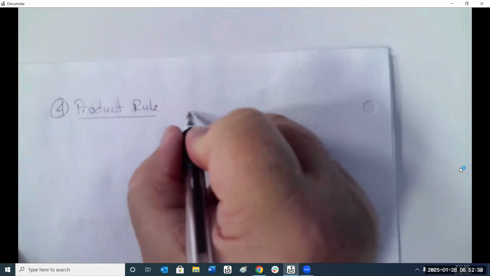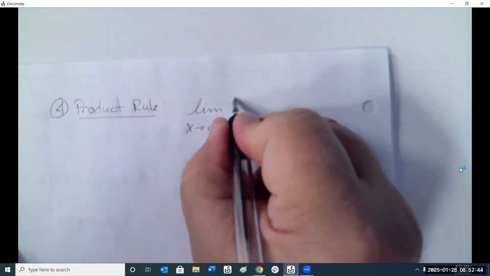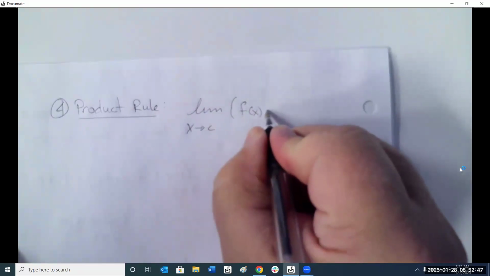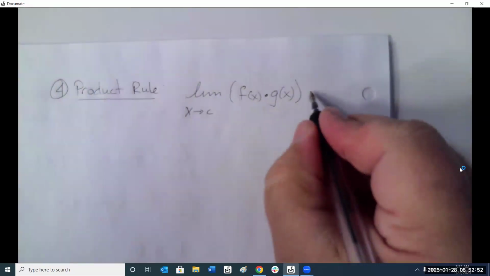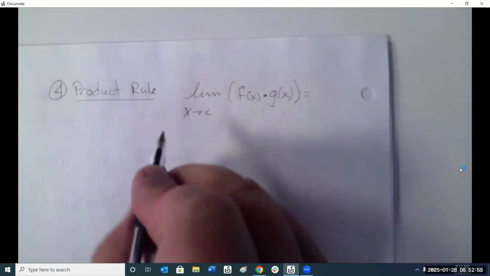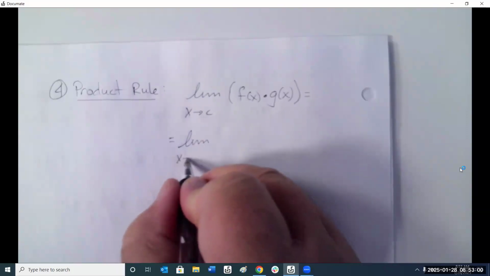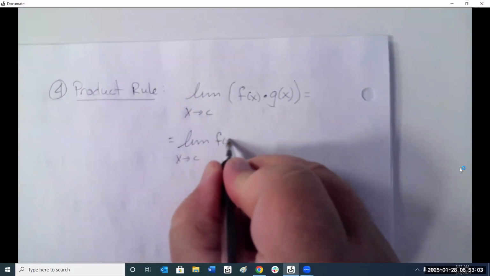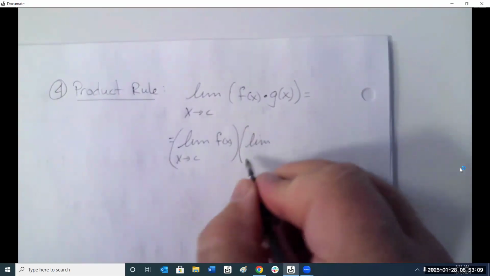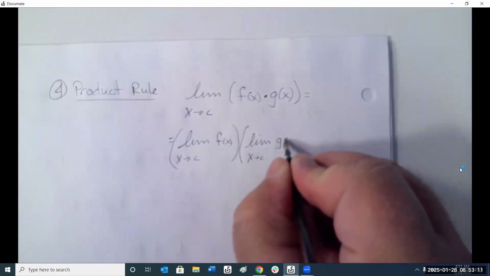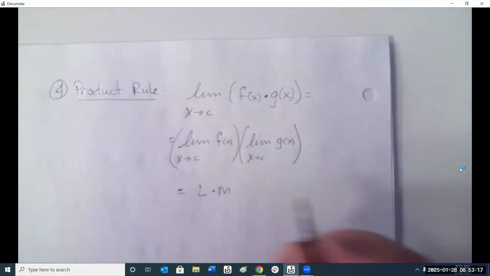The product rule: the limit as x approaches c of f of x times g of x is the limit as x approaches c of f of x times the limit as x approaches c of g of x, which is equal to L times M.